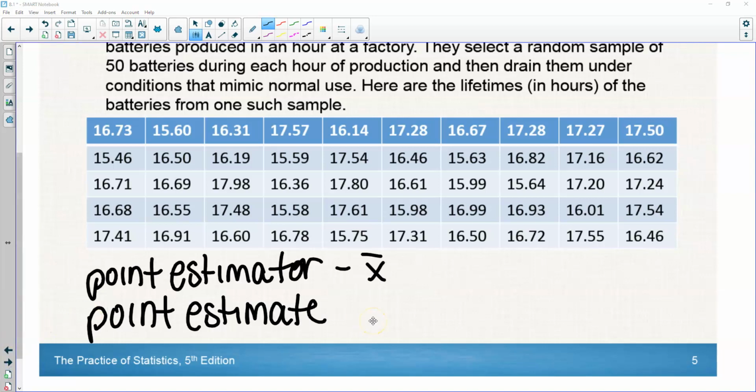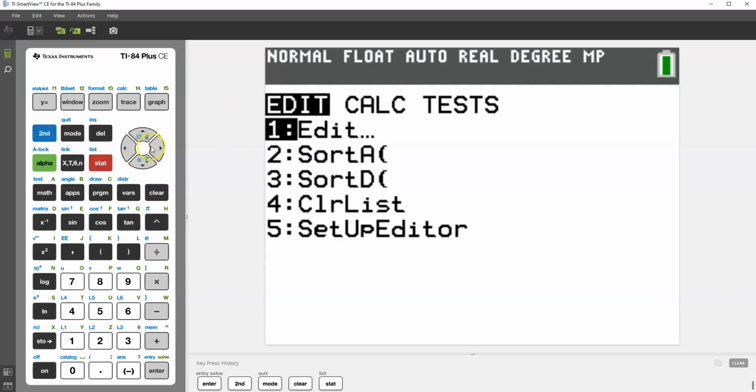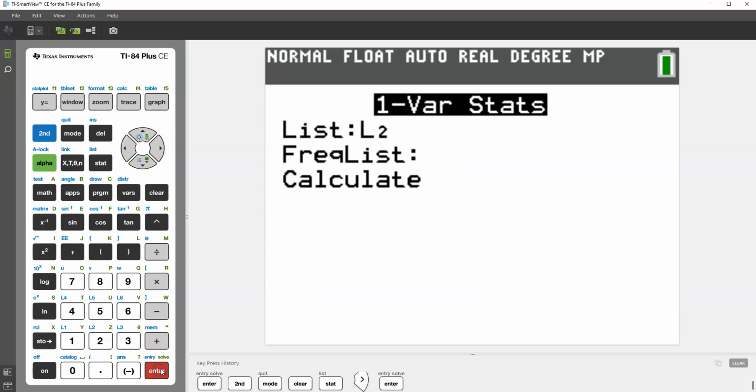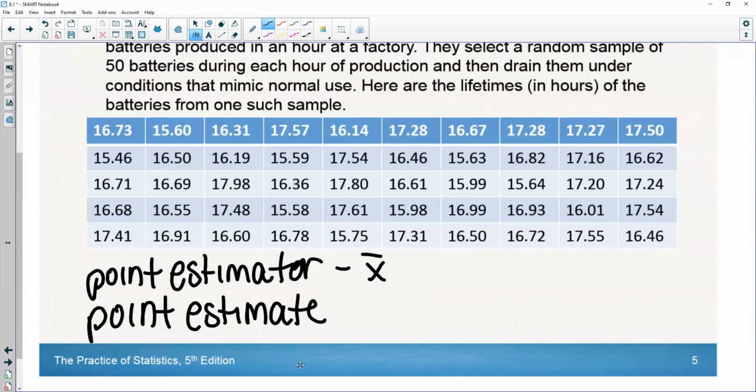In this case, in order to estimate x bar, what I did here was I put all of our values from the sample into our calculator, into the stat list 1, and then I can go back to the stat calc 1 variable statistics. I want to use my list 1 and calculate. It'll give me x bar 16.7176. That would be my point estimate.